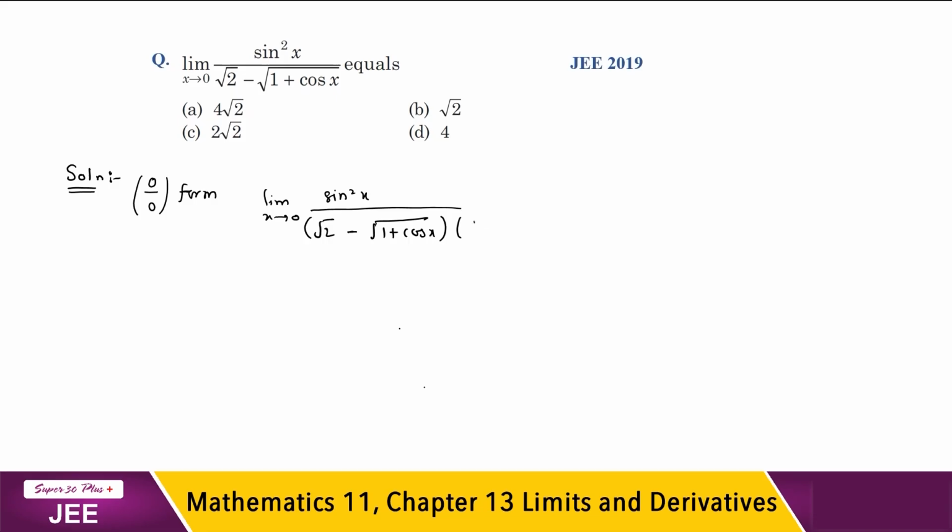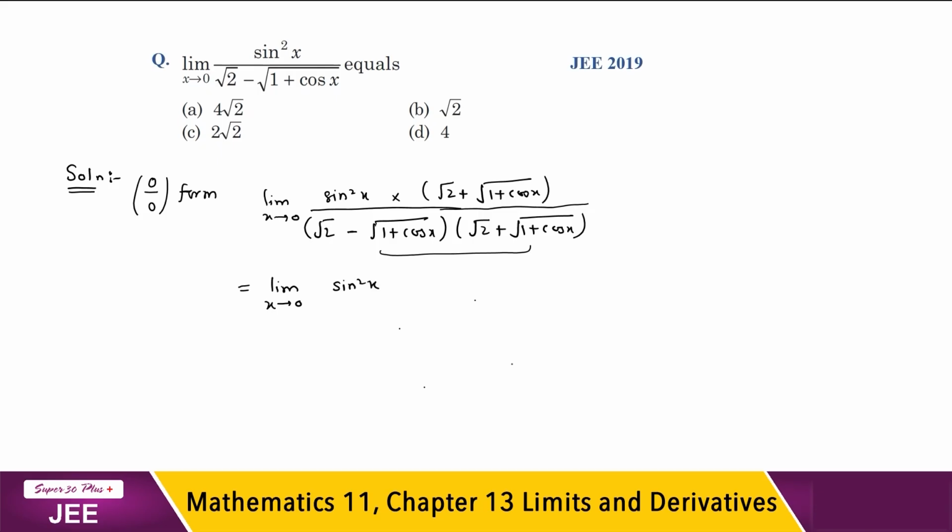So what we are going to write? We are going to write root 2 plus root over 1 plus cos x in denominator as well as in numerator. Alright students, now in denominator again we are going to apply the a minus b, a plus b identity. So this becomes equal to limit x tending to 0, sine square x divided by 2 minus (1 plus cos x), multiplied by numerator, which will remain unchanged, root over 1 plus cos x plus root 2.